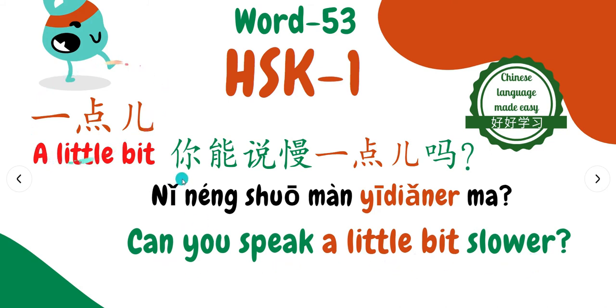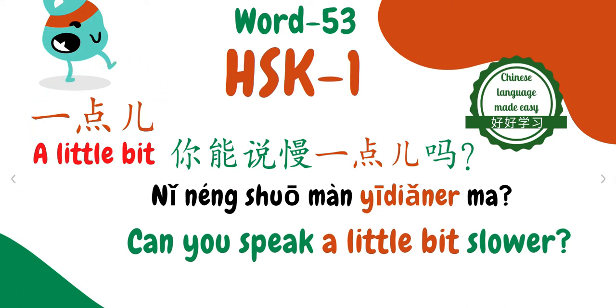Okay, 你 means you, 能 means can. So you're asking permission from this person, in the sentence, whether he can speak a little bit slower because he's speaking fast.